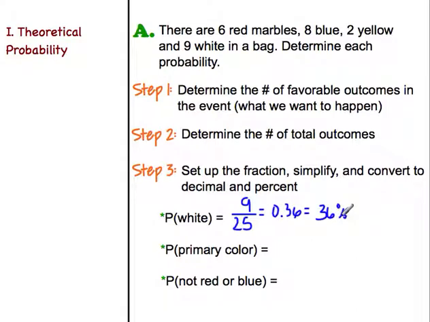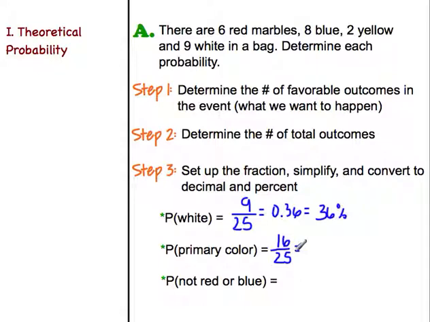Now, primary color. If you've taken art class, you know that primary colors are red, blue, and yellow, which if we add 6, 8, and 2, we get 16, still out of 25.